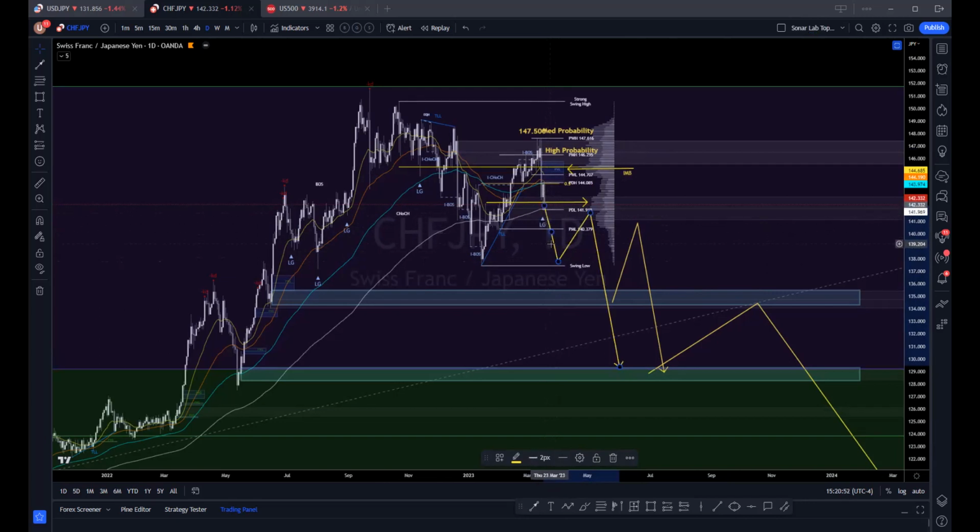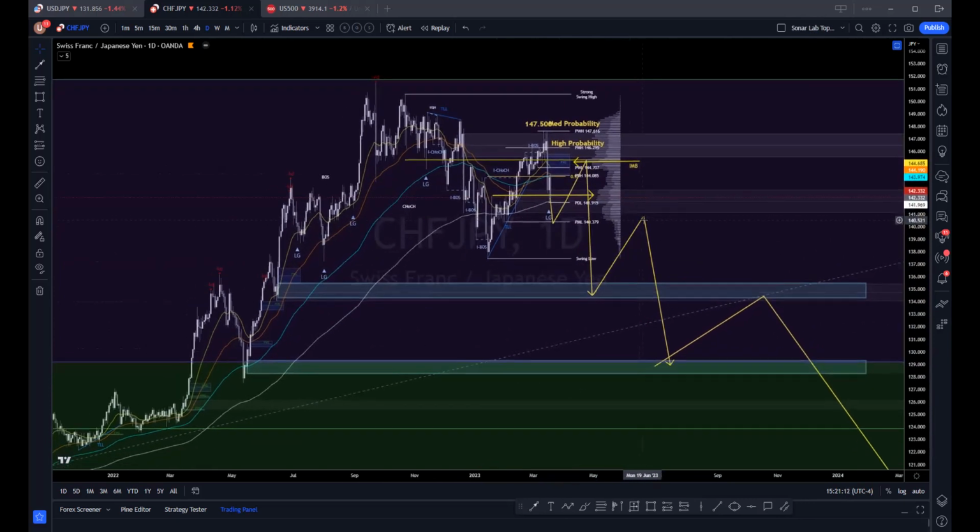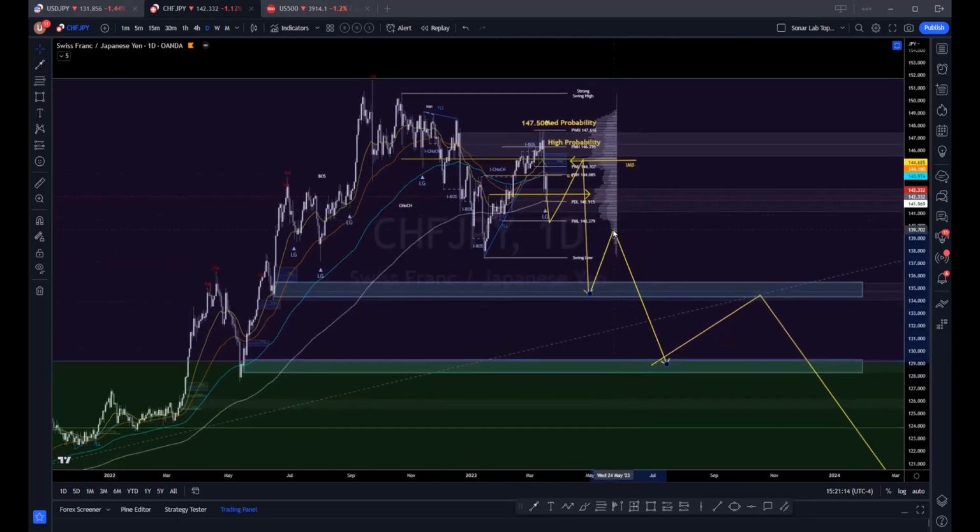To me, if Swiss francs is strong, that means this is going to pull back. So let me put it this way. I can see this happening: get this little imbalance here, and then come back down. So we may see the pullback on yen.